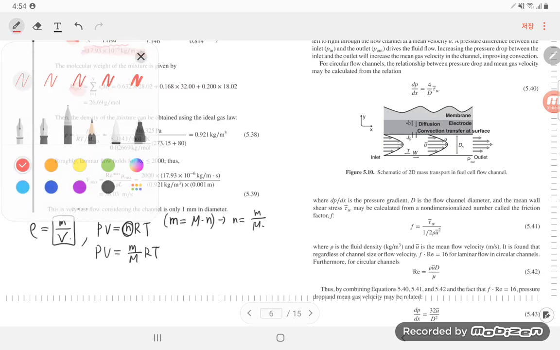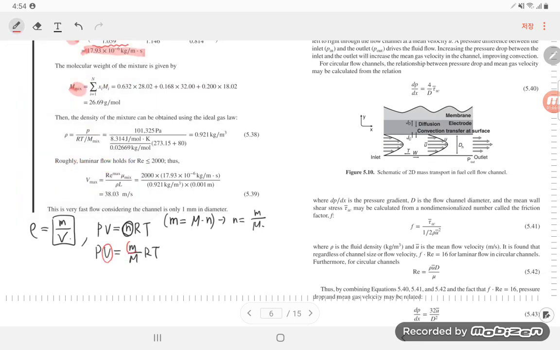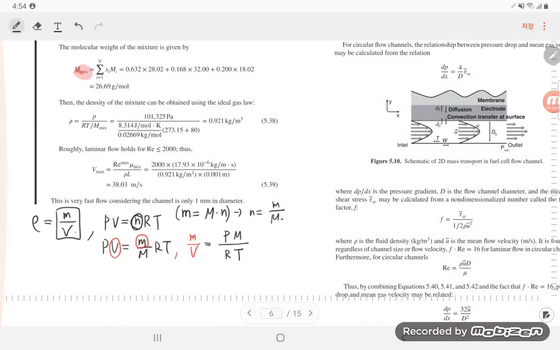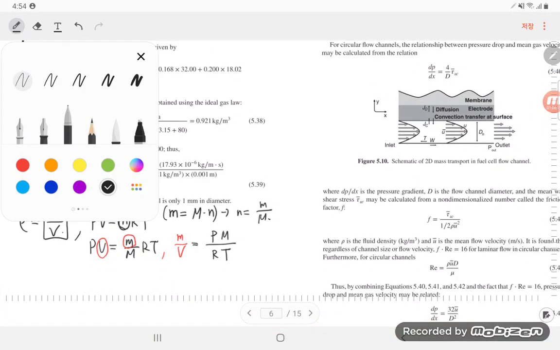And there is V and M in here. So m over V equals PM over RT.